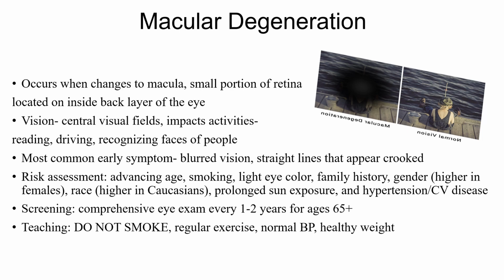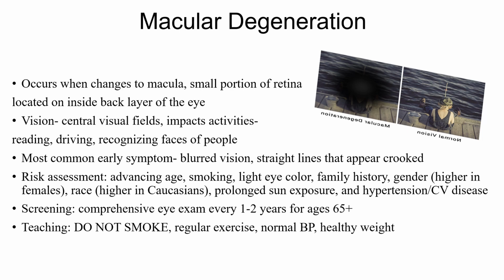Now, macular degeneration is when changes to the macula, a small portion of the retina, a layer of the retina, impact it vascular-wise. And so it affects the central vision, which you need for all the activities like interacting with people, driving, walking around, things like that, so it can really be scary.